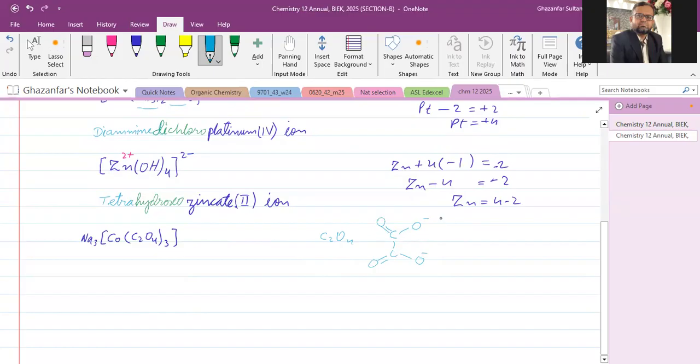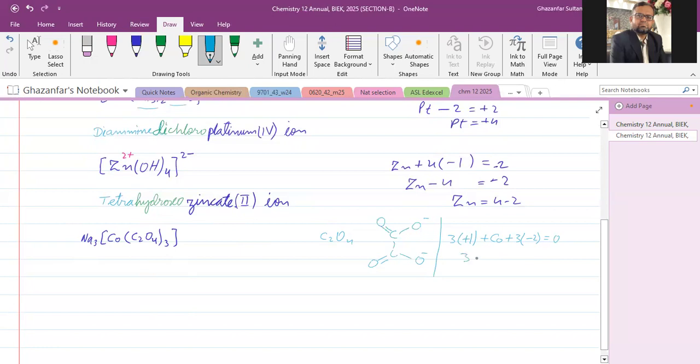So if you find the oxidation number of cobalt, then remember that there are 3 sodium. Each sodium has +1 charge. 1 cobalt is there, plus 3 oxalate groups are there. And oxalate has 2 minus charge. And overall charge is 0.